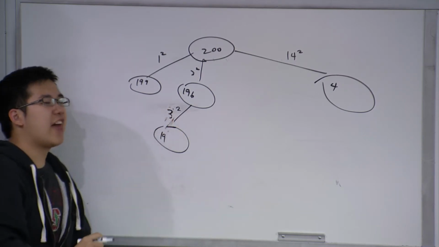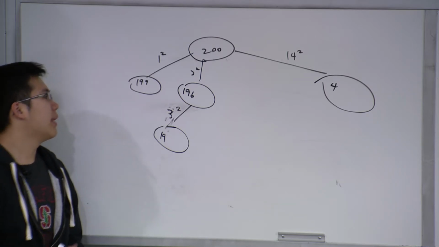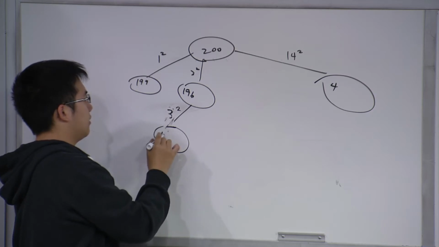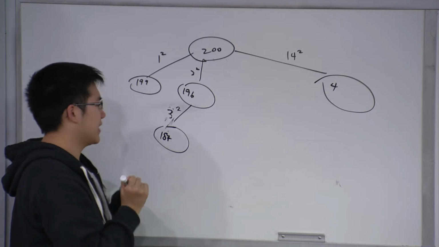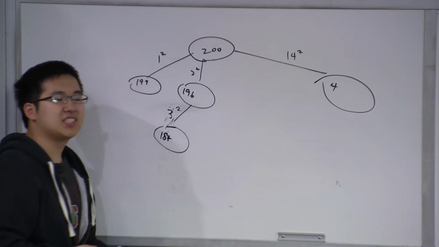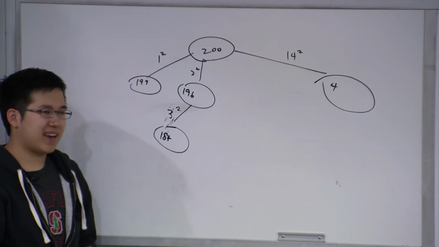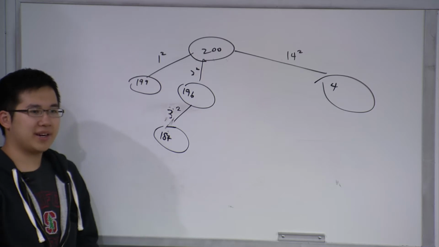Because you're not allowed to repeat, you get 187. Think about this: this function call has no idea what numbers it can't use. How do you know that at this step you're not allowed to use a 3 or a 2 or a 1?